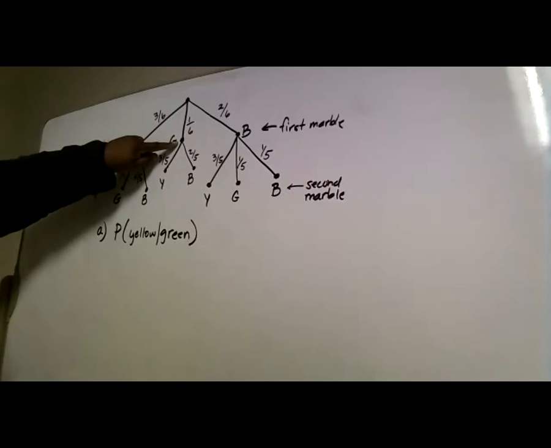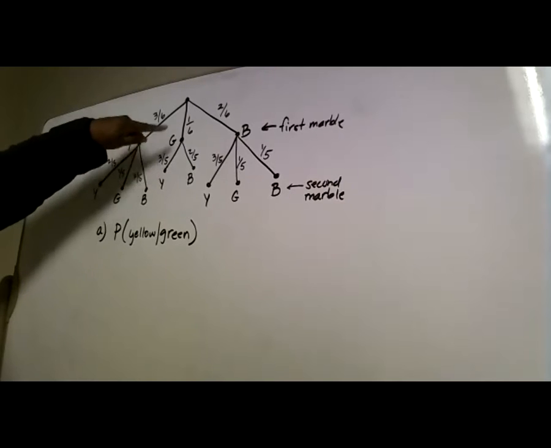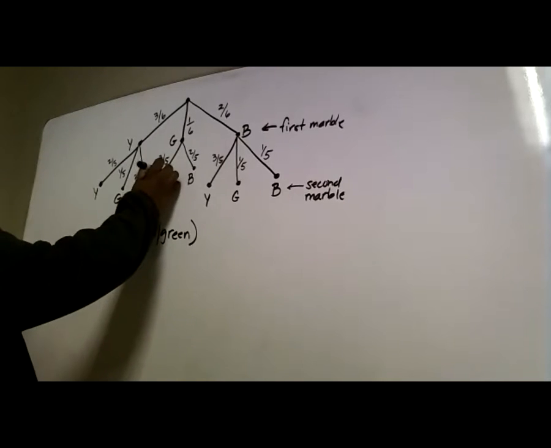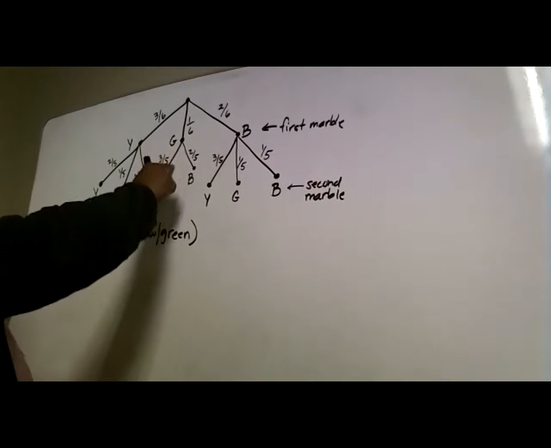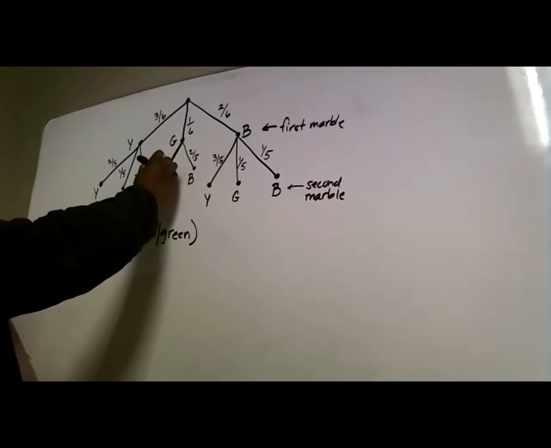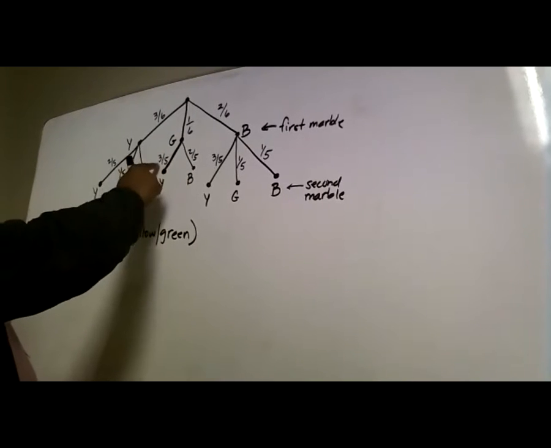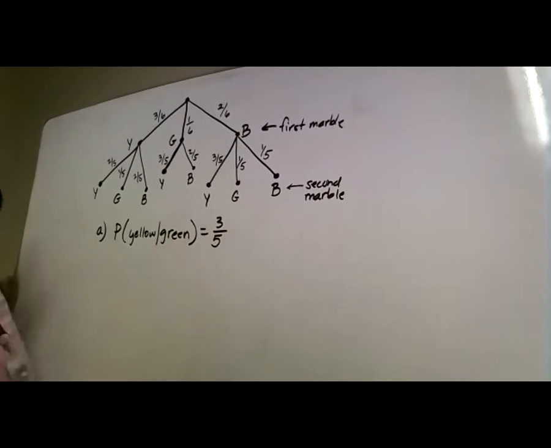We want the probability that the second marble was yellow. Okay, so here's yellow right here. We're given that the first marble is green, so the probability along this branch is simply going to be 3/5.